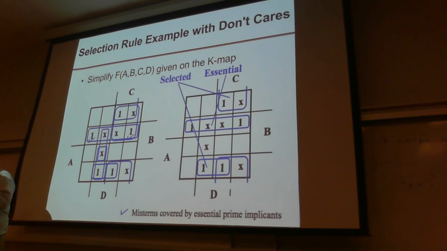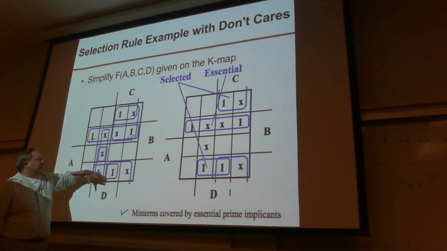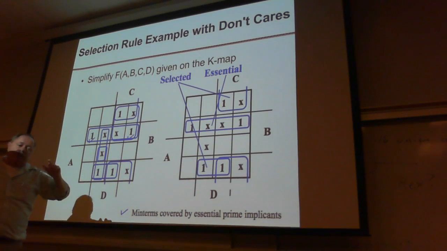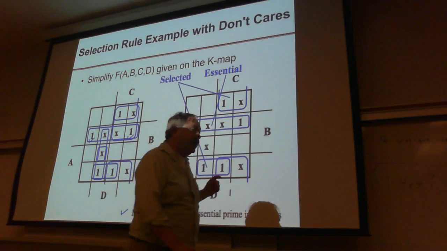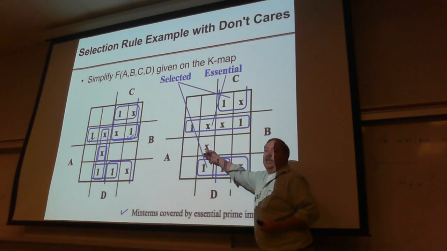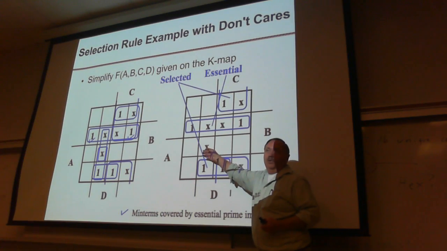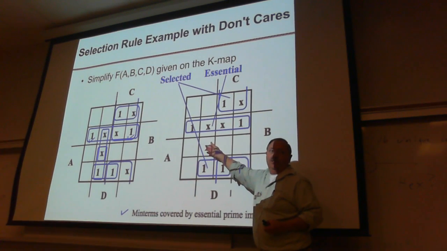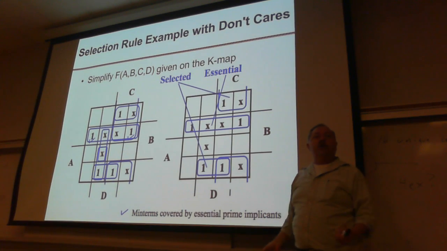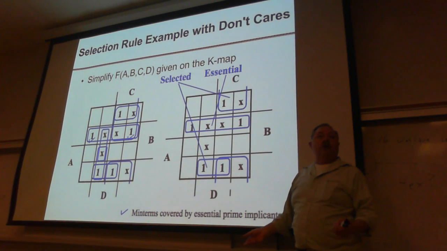Now, here's where it differs from prime implicants. Okay? And I've calculated all of my prime implicants. But now, when I'm defining the set that I need that captures all of my ones, I don't need to capture any lone wolves, any x's. I don't need to capture this x because it's not going to change the output value regardless of whether it's a 1 or a 0.